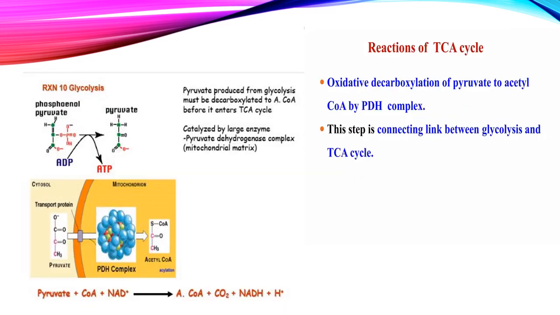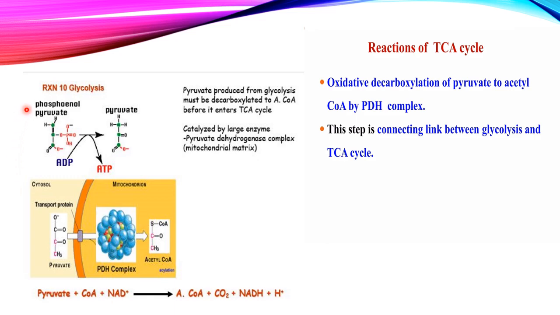So students, in the earlier classes, we have studied that glucose is converted into pyruvate using 10 steps, and the resultant product is pyruvate. We have understood this in our earlier class. The 10th reaction is shown in this diagram.